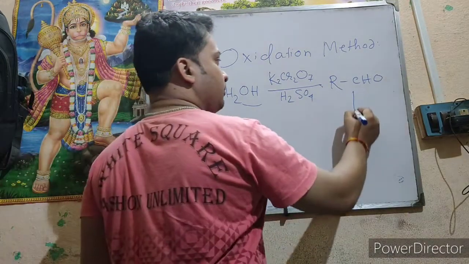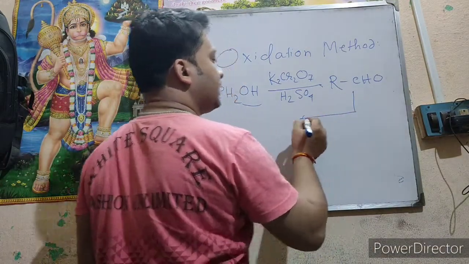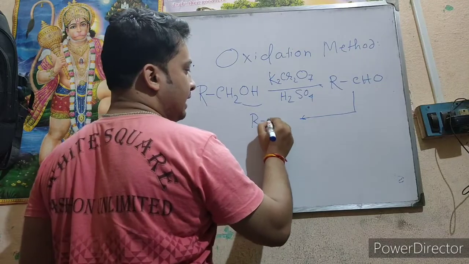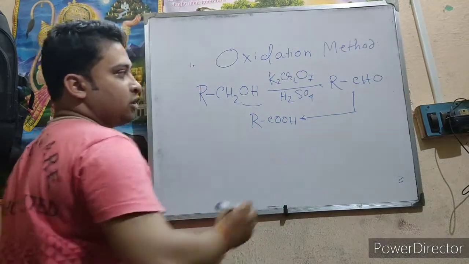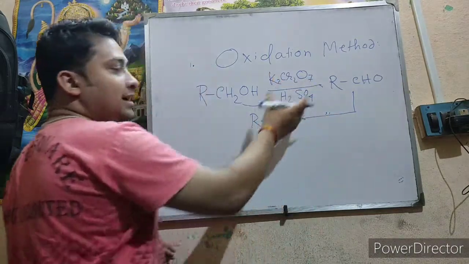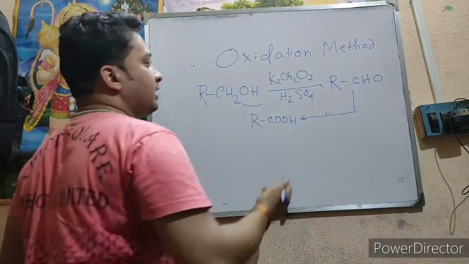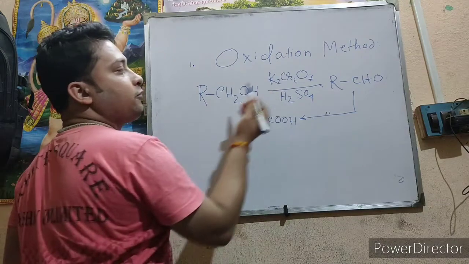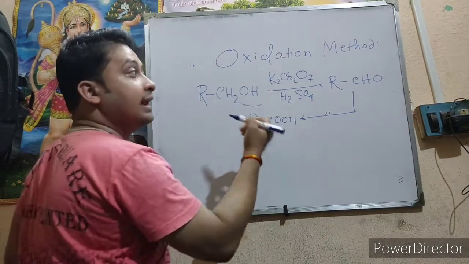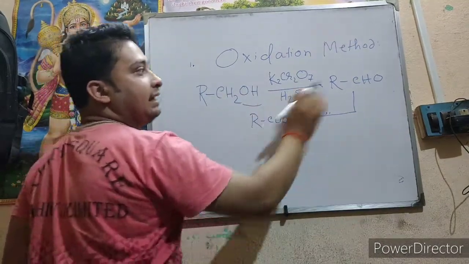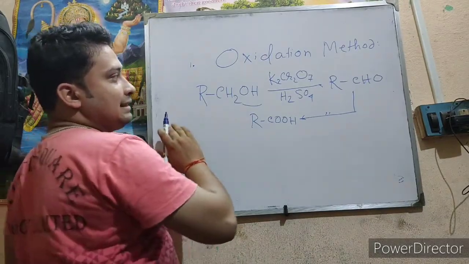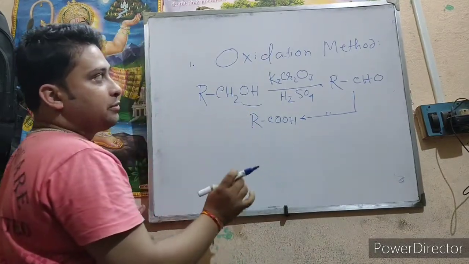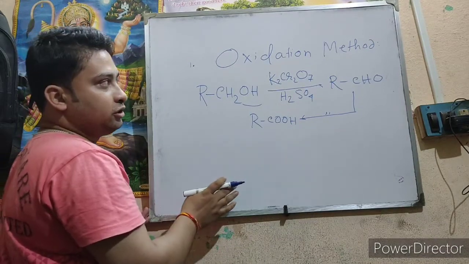And then if you oxidize it again, you get RCOOH, that is acid. So on the first oxidation, you get aldehyde from the alcohol, then you oxidize the aldehyde again and you get acid. So this is a general, simple and important method called the oxidation method.